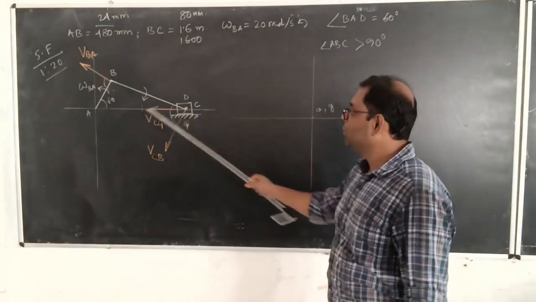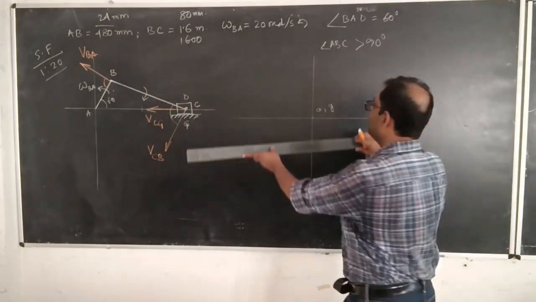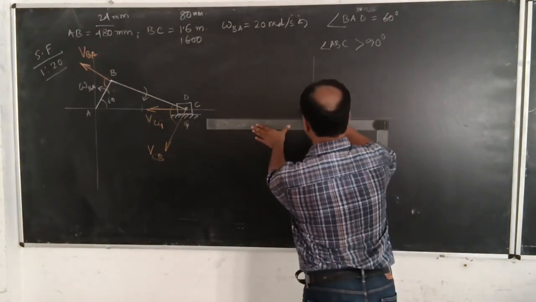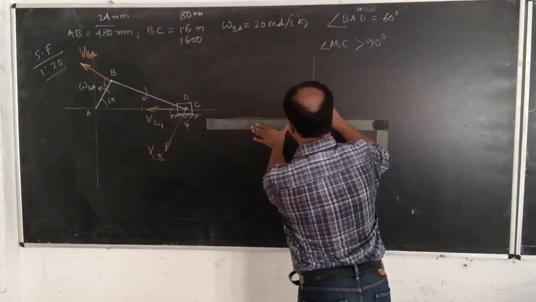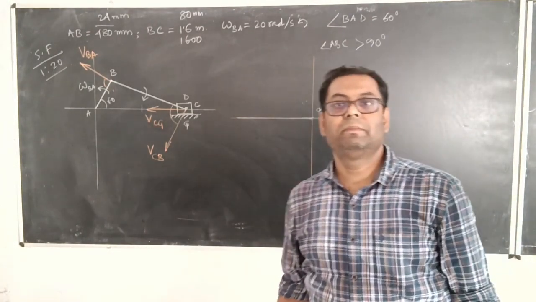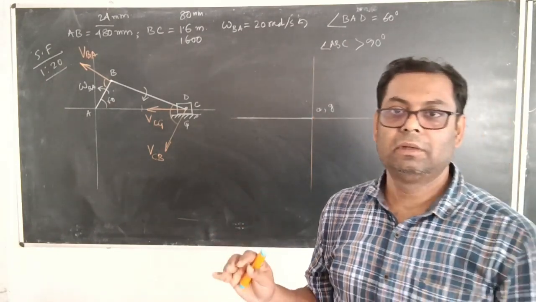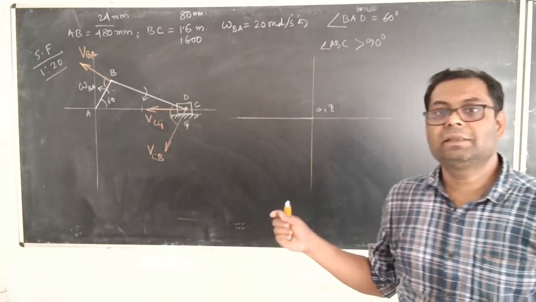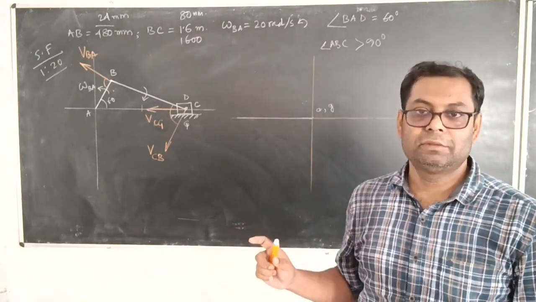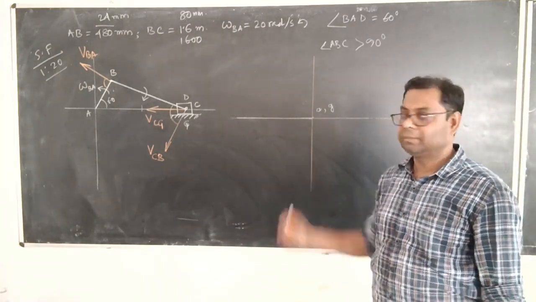Now VCG, which is acting in the left hand direction, we can easily draw like this. And this is the line of VCG. What is the length, I don't know. If it is a vector, then I only know the direction, I don't know the magnitude. So this is the line of VCG.